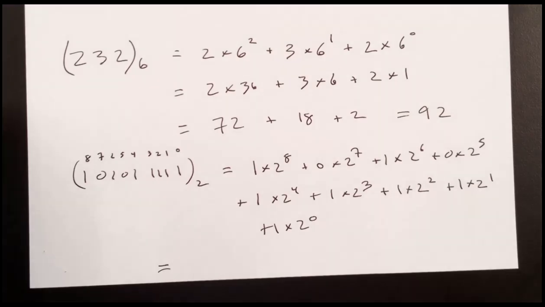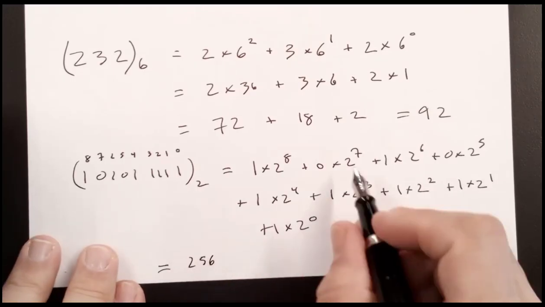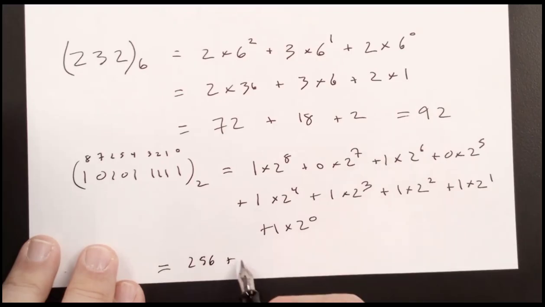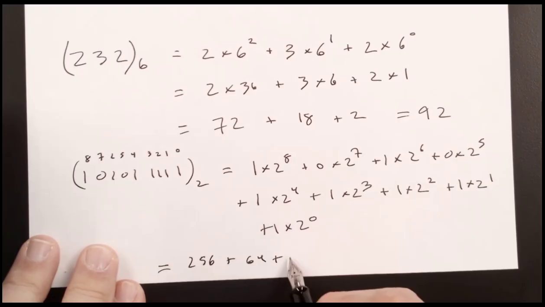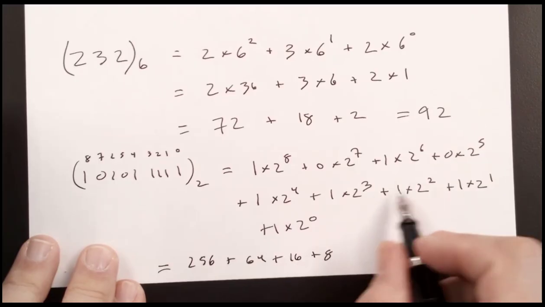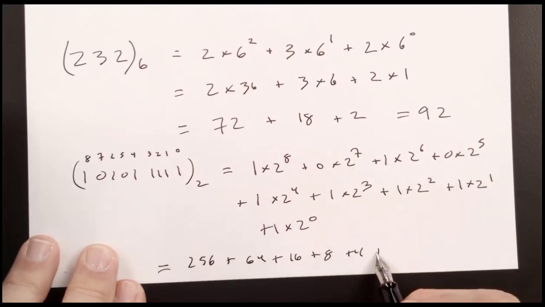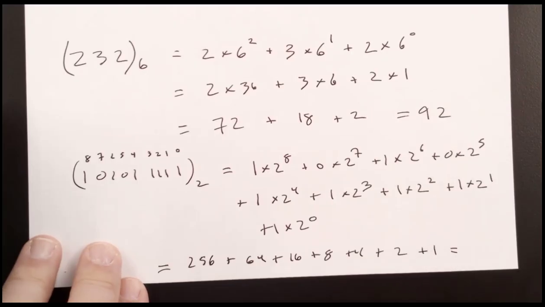It's 256. 512 is 2 to the 9th. 2, 4, 8, 16, 32, 64, 128, 256. So that's a 256, nothing there. 64 there, nothing there. 16, 8, 4, 2, 1. Add them all up.